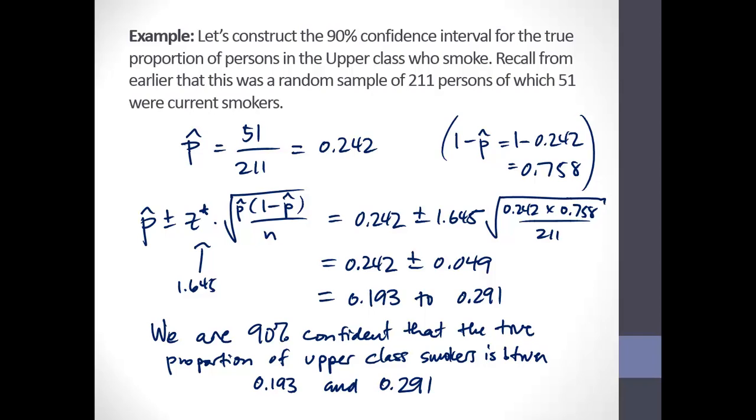So again, we're 90% confident that the true proportion of upper class smokers is between 0.193 and 0.291. So interpretation should feel pretty familiar there. And so that's it. Same idea as what we did before, but now we're able to do this for a proportion.